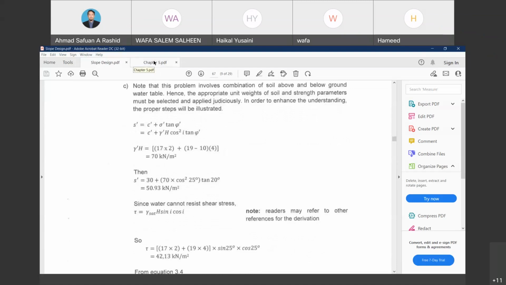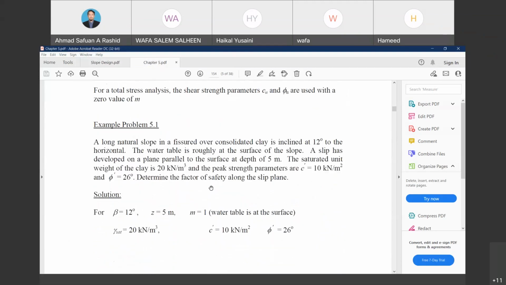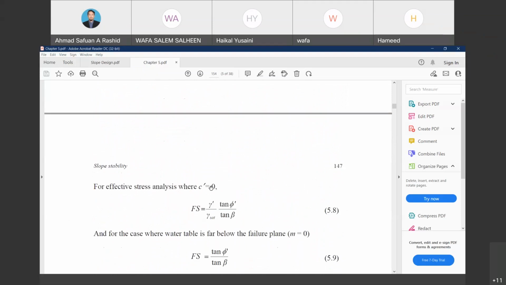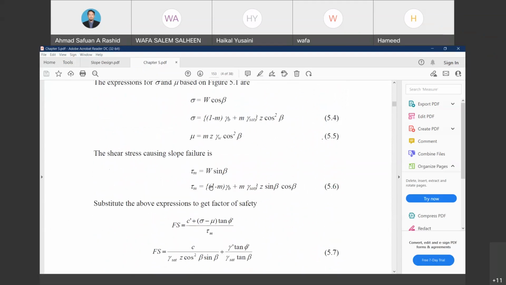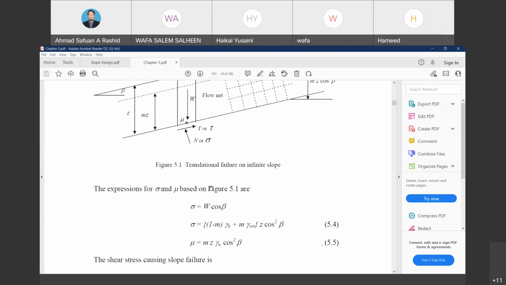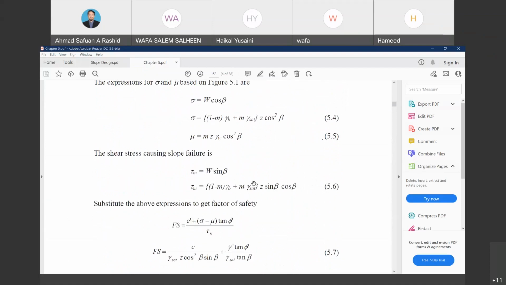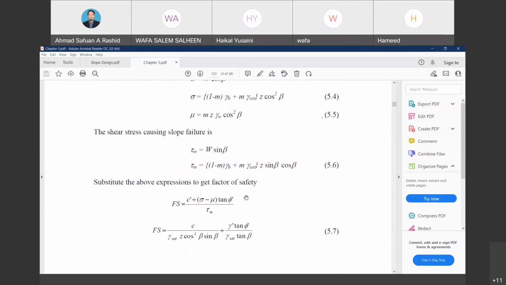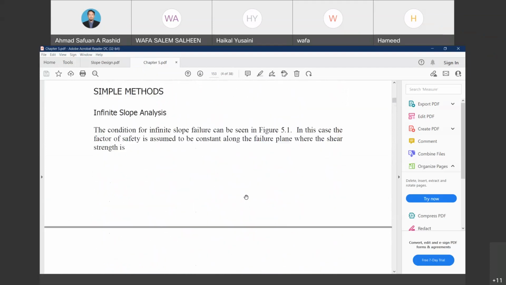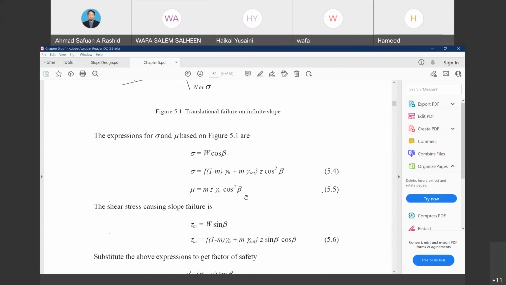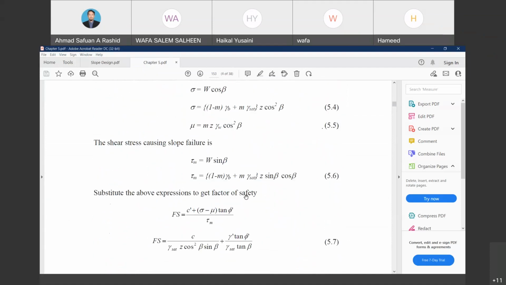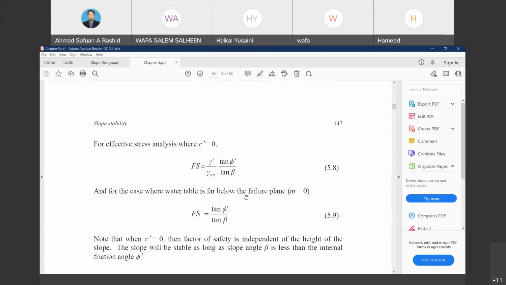Actually, for the M approach, the tau also uses the saturated, not the effective.